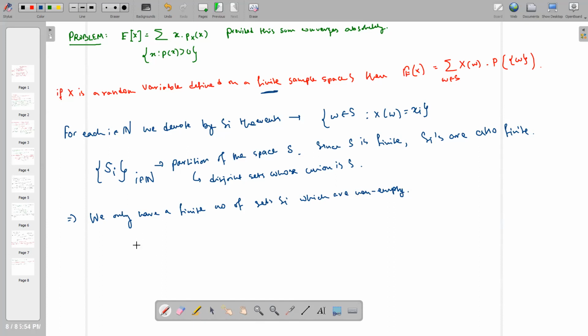So let us write the expectation now as we defined earlier.